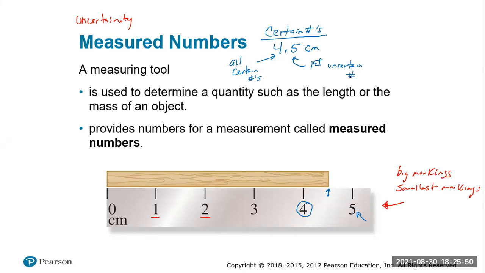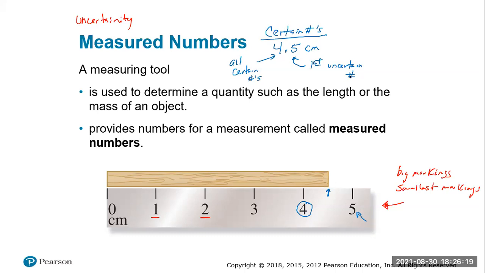When you take a measurement, you always want to record all of the certain numbers plus the first uncertain number. That 5 is uncertain because somebody else may look at it and say, I don't think it's really halfway, it's just a little before that. Maybe it's 4.4. Maybe somebody says, I think it's a little further past half, maybe 4.6 or something like that. That's where the uncertainty lies.